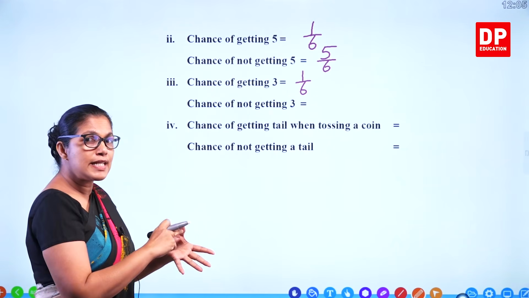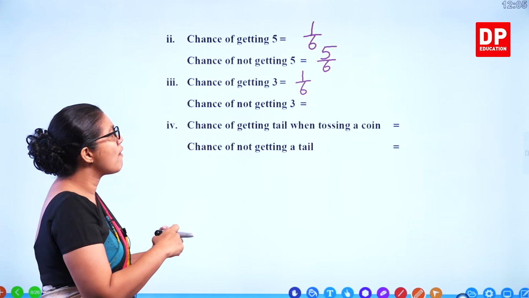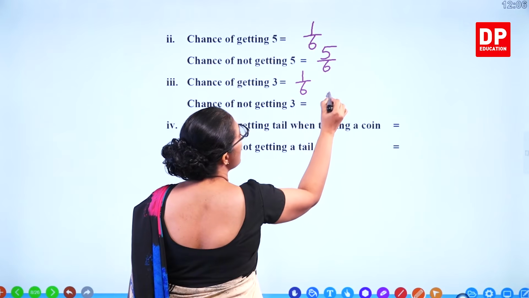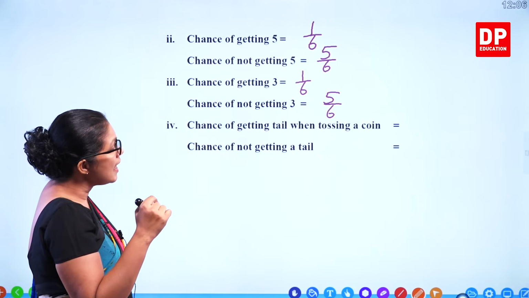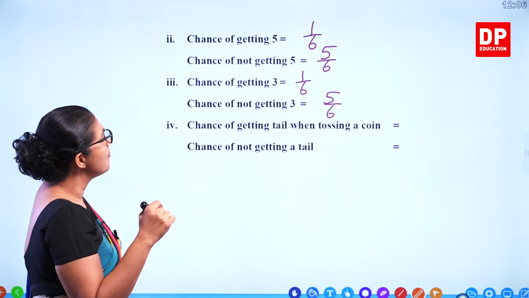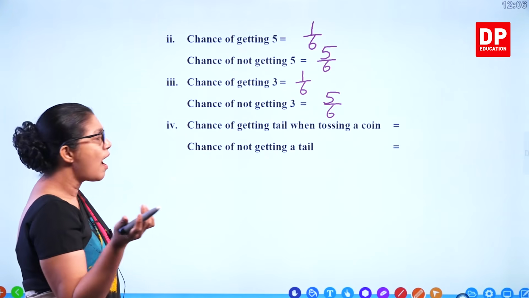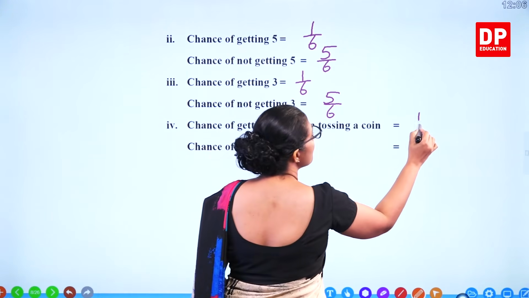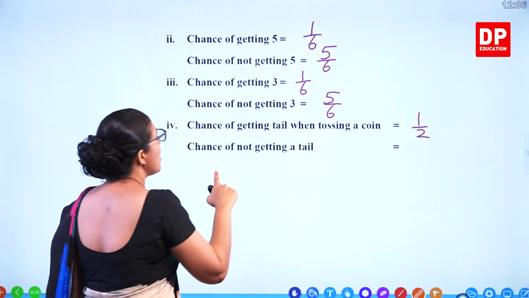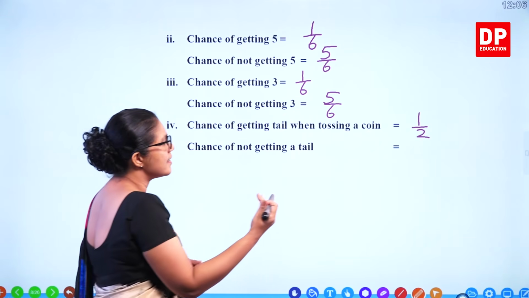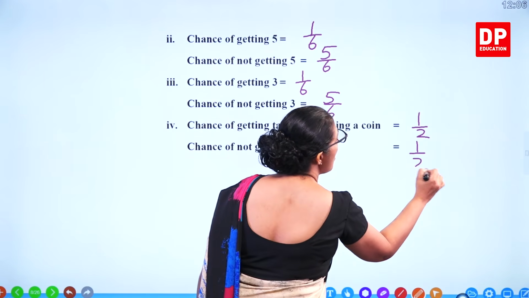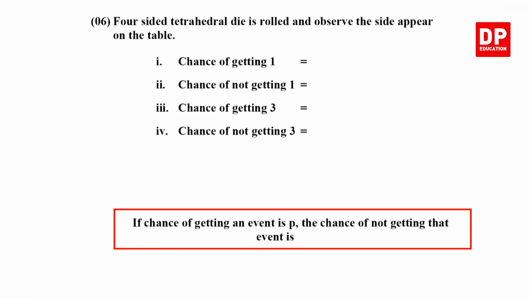All the other possibilities, 1, 2, 4, 5, 6: 5 out of 6. Then what's the chance of getting tail when tossing a coin? We know that, half. Then the chance of not getting a tail, that's getting head, is also half.